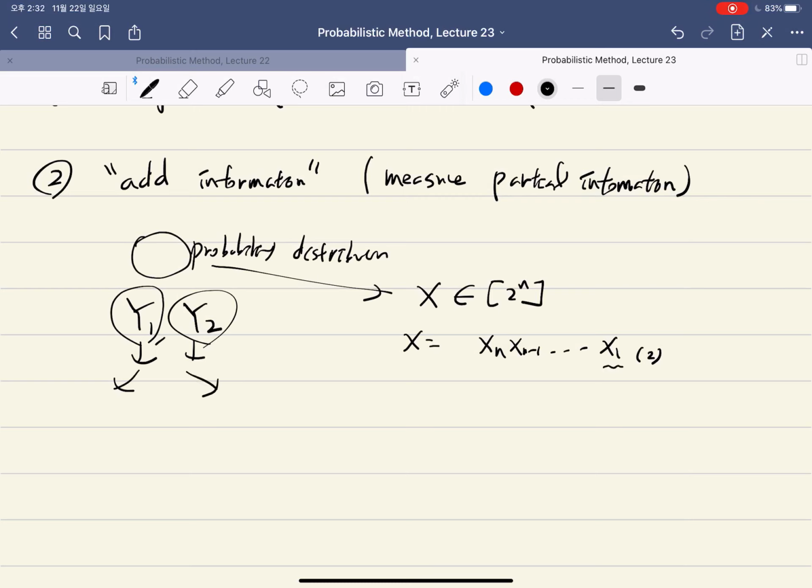Knowing the first one cuts down the probability space to half, and whatever the first one was, the second one again cuts it down to half. So it's independent.